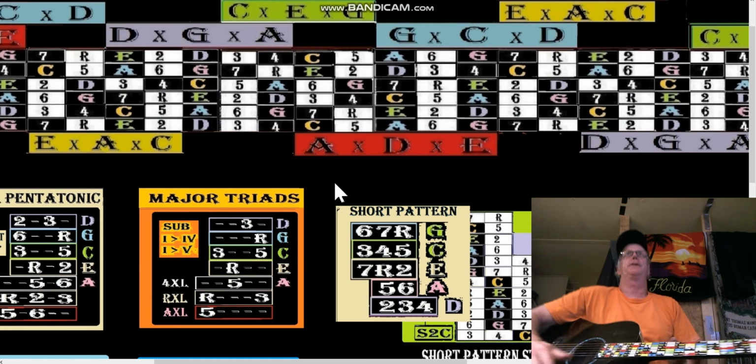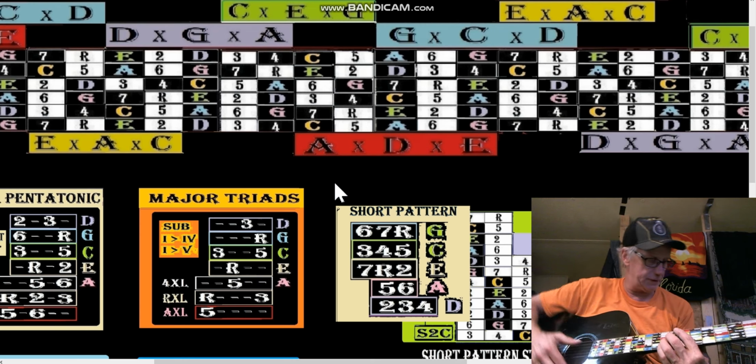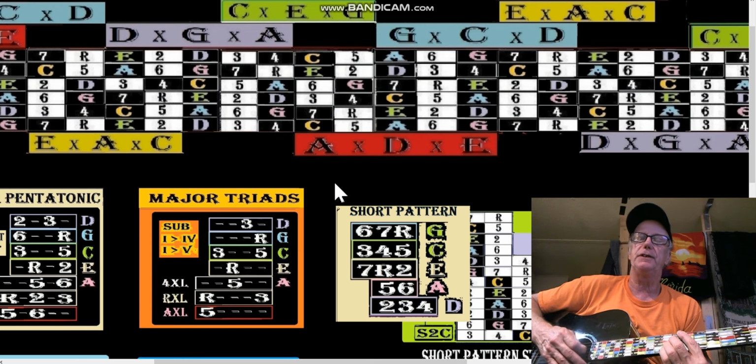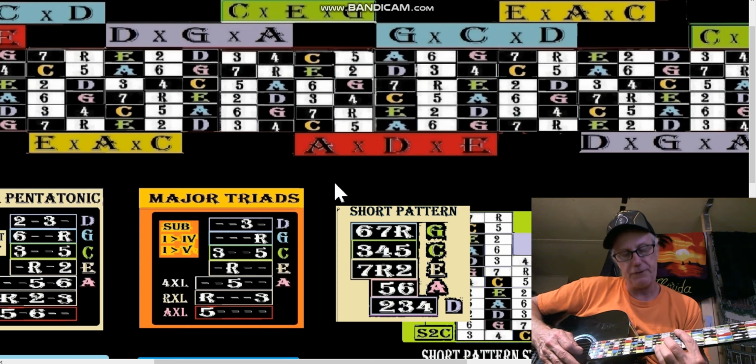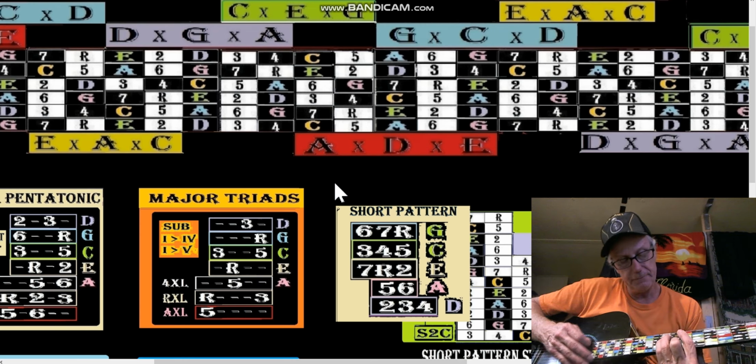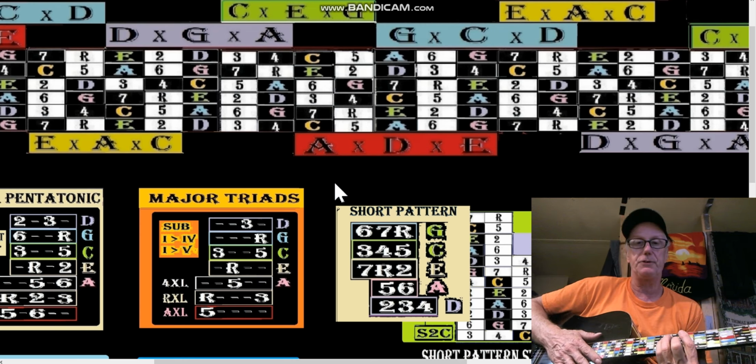Let's look at the A-shaped C. Okay, key of C, A-shaped C. The fourth of it is the F, D shape. The fifth of it is the E-shaped G. So there's a substitution right there.